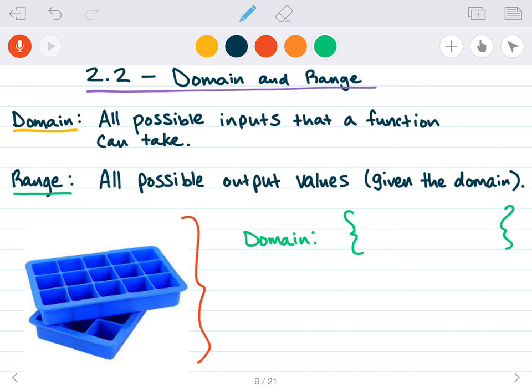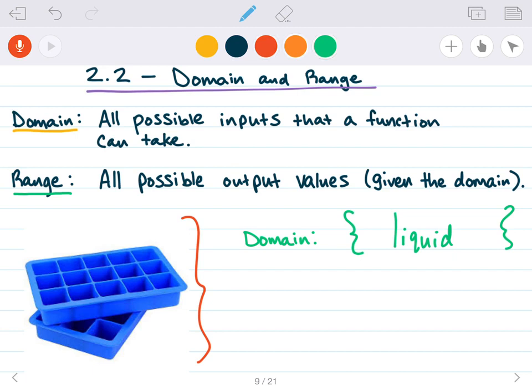Well, the input, what can we put in these ice trays? Really we can put in any liquid. That is going to be the valid input. We can't put in a random object like a sock or a pen or a taco and expect them to freeze and become cubes. So the valid input here is any kind of liquid that freezes.